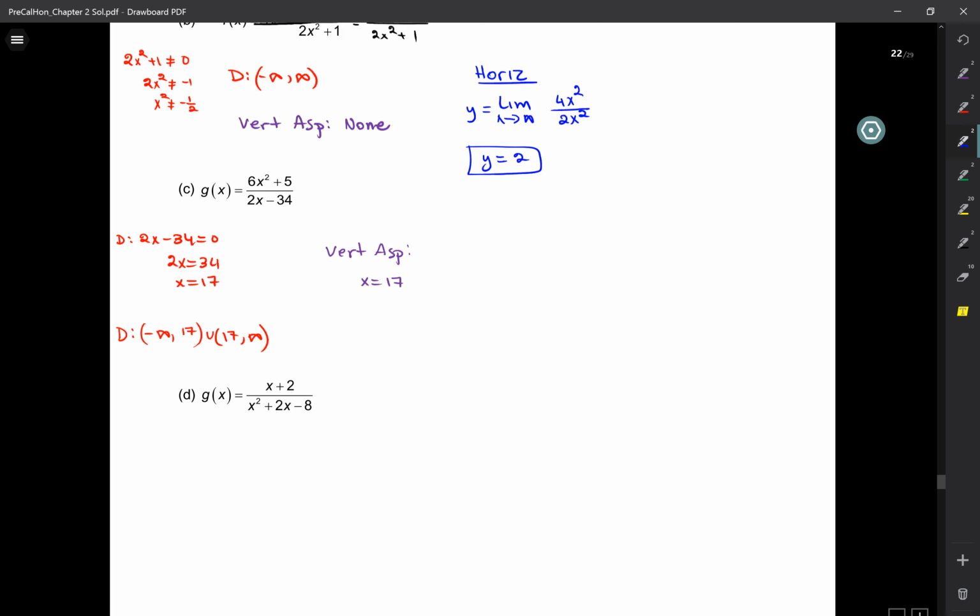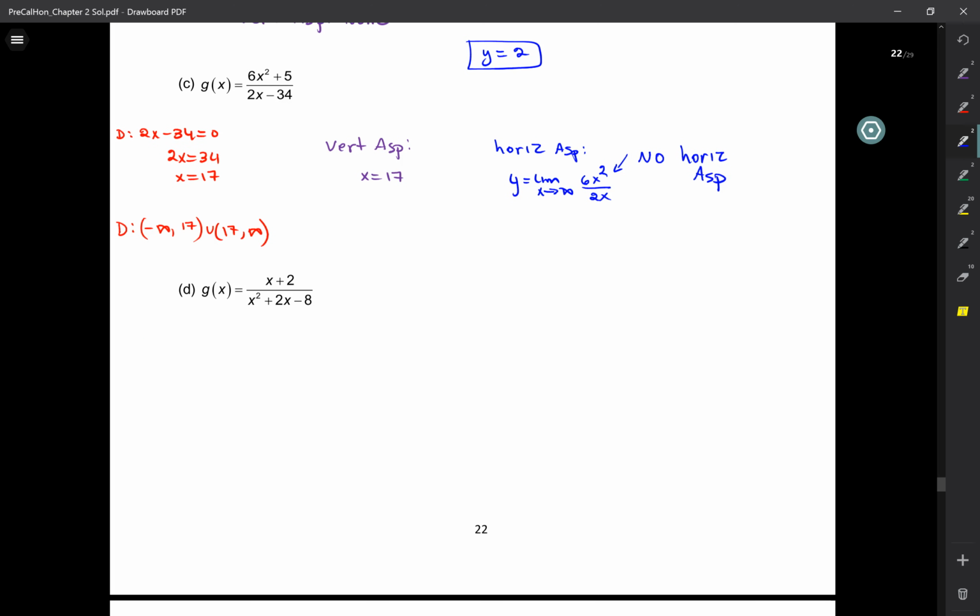Horizontal asymptote, y equals the limit as x approaches infinity of 6x squared over 2x. Now, since there is a higher exponent in the numerator, there is no horizontal asymptote. We'll learn later on in this lesson that that's actually something else.